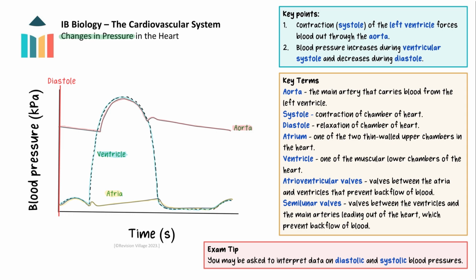The ventricles then start to relax, so the semilunar valves shut. Then the aorta recoils, giving a small spike in pressure, and here you can see the atrium and ventricle in diastole, and the atrioventricular valves open to allow blood to move from the atria into the ventricle.